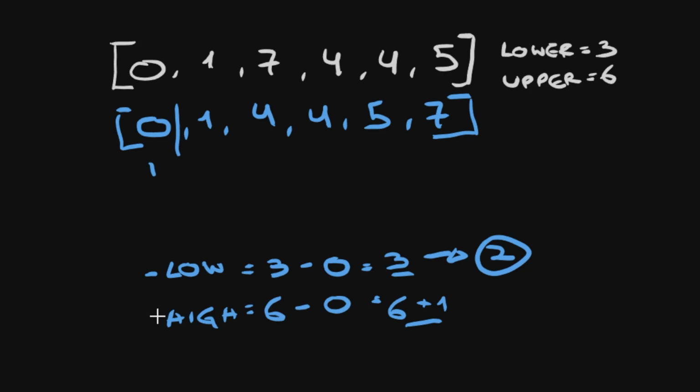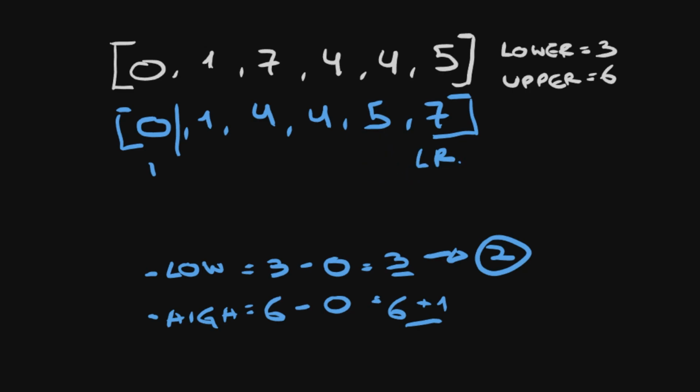Now we need to do a binary search with the high bound. Left pointer is here, right pointer is here in the last index, midpoint is here. We're checking if 4 is greater or equal to the target, which is 7. It isn't, so we update the left pointer over here. Now left pointer is here, the mid pointer is here, we're working with the 5. 5 is still smaller than 7, so we update left here.